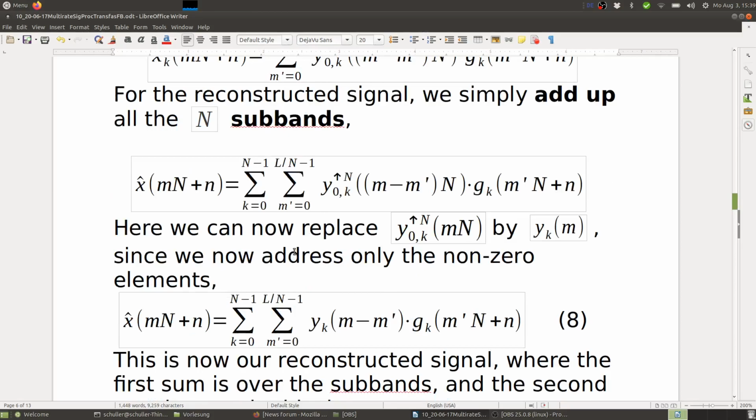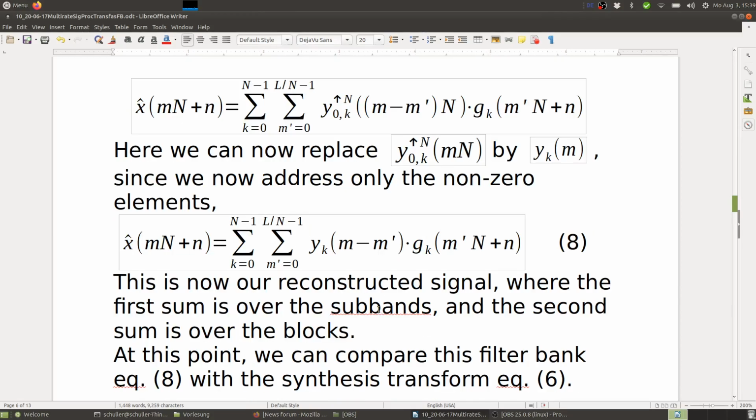Yeah, and here we can now replace y upsampled of mN by the simplified notation y_k of m, right? Because it's the same, since we now address only the non-zero elements. So then we get this simplified formulation from here to here.